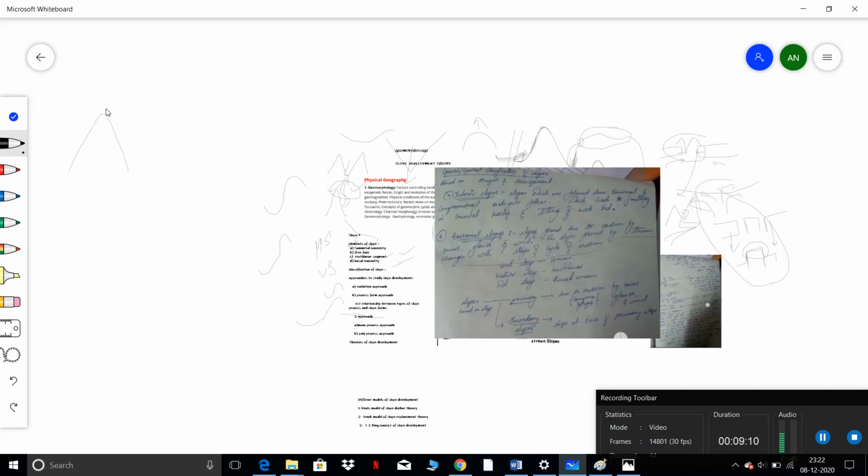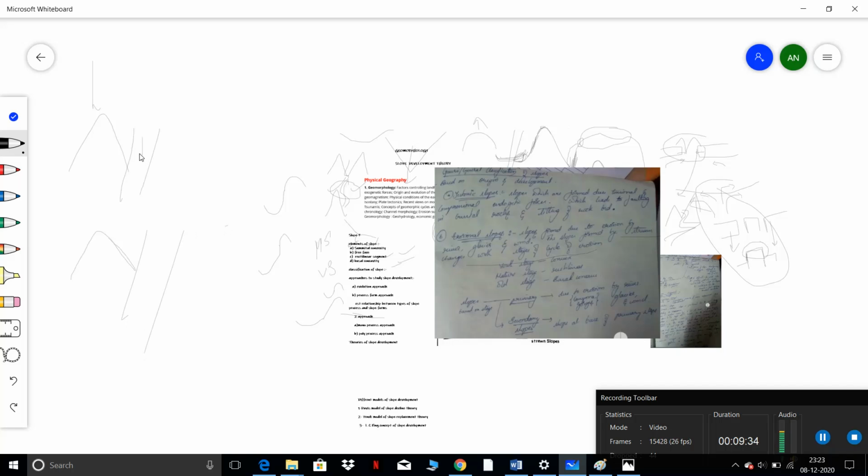Later the rain falls and other things happen, and things won't be the same. In the later stage it will be converted into rectilinear, because initially there was valley deepening, but in later stages lateral erosion takes place.